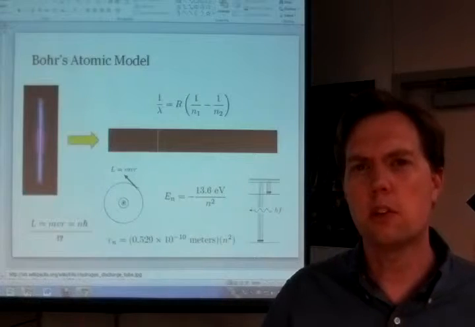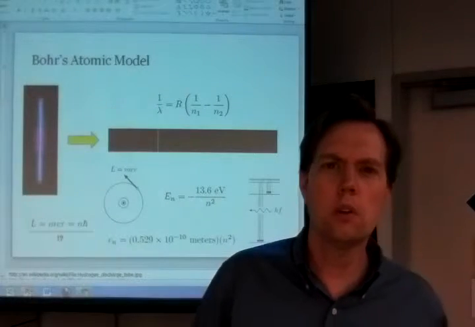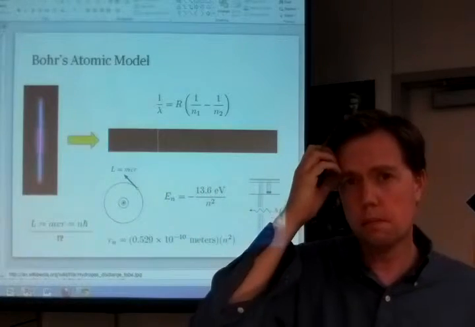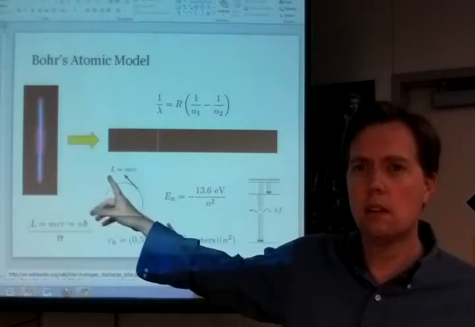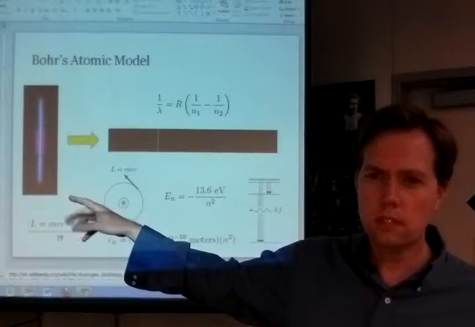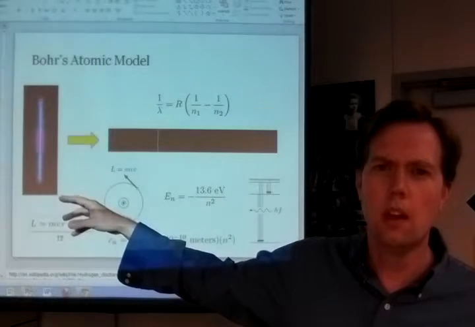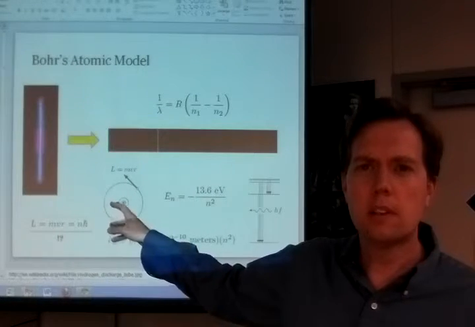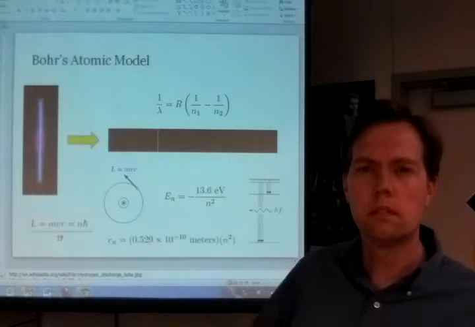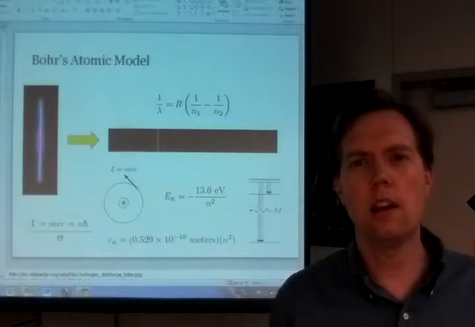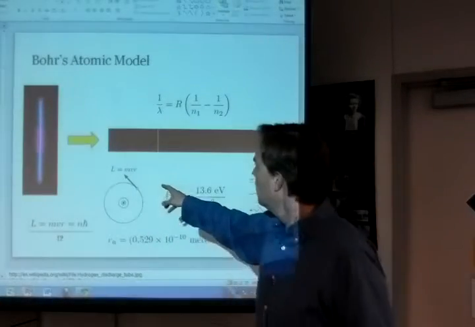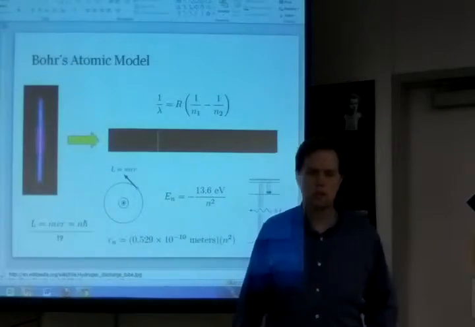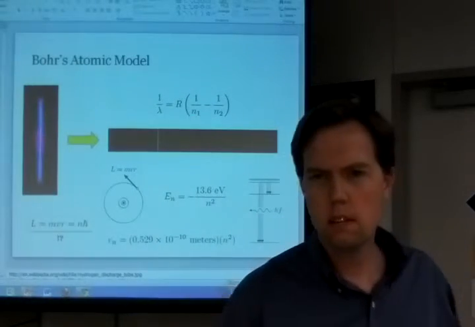Other sets of experiments were brought into play. One of the most important is this idea of spectroscopy. And in this example, you take a material here, maybe this is neon or mercury or something, and you run it through a fluorescent tube. Examine the spectrum of light that's radiated, and you find that it comes in very distinct spikes of frequency.